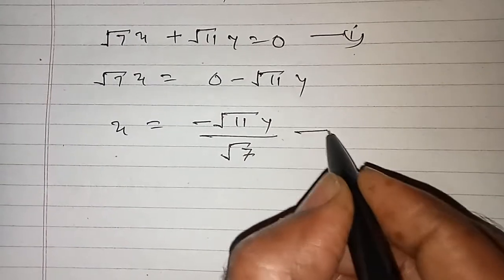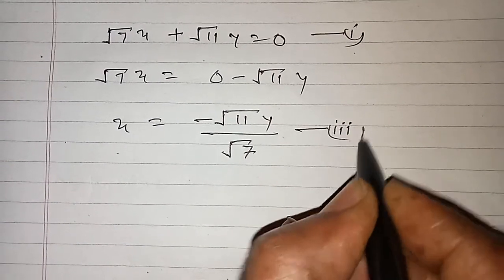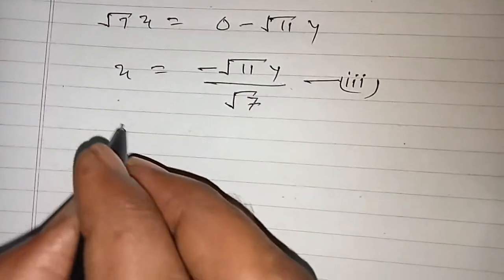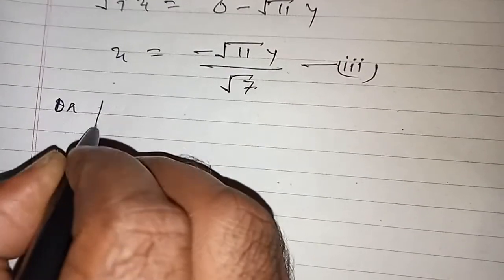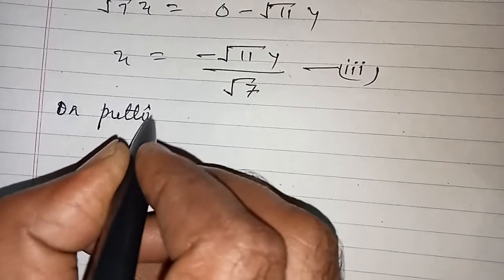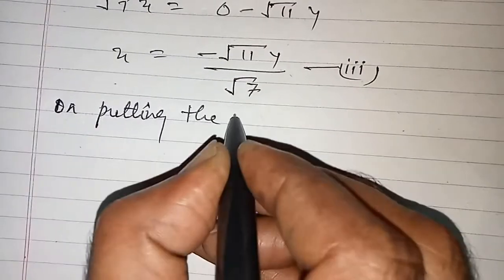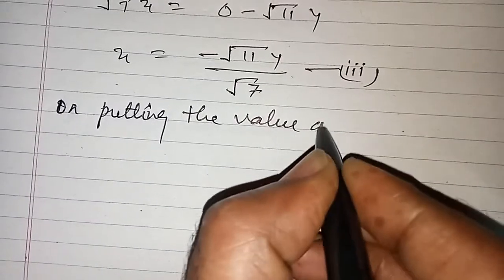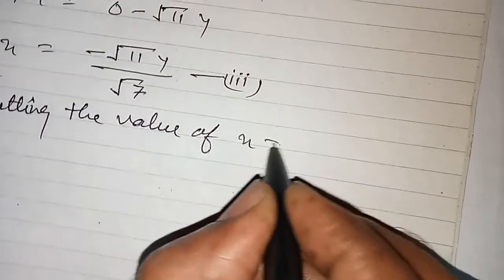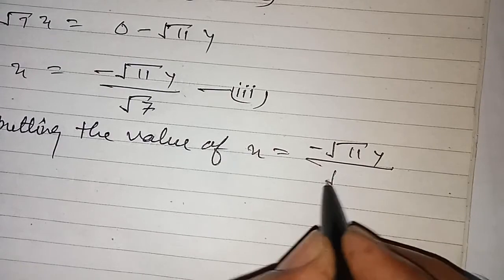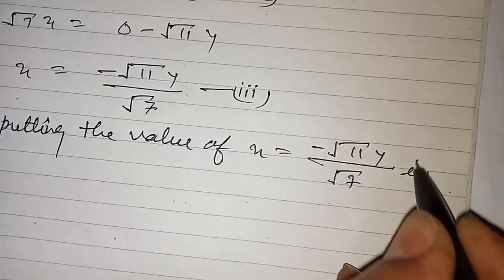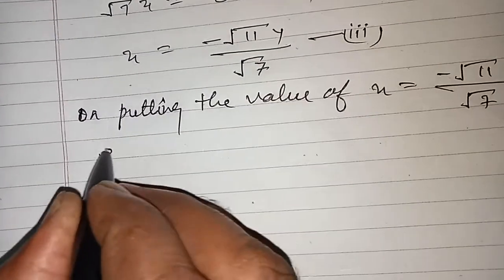This is equation third. Now putting the value of x is equal to minus root 11y upon root 7 in equation second.